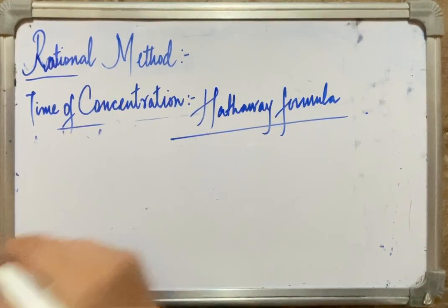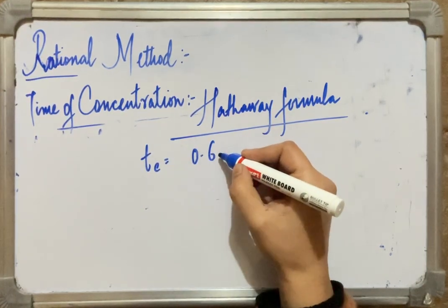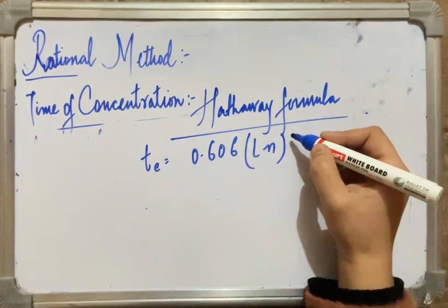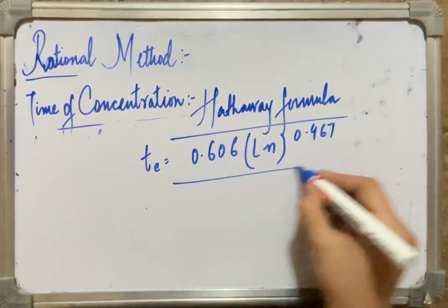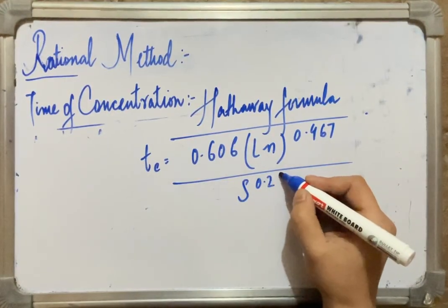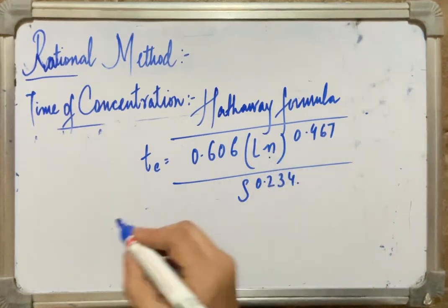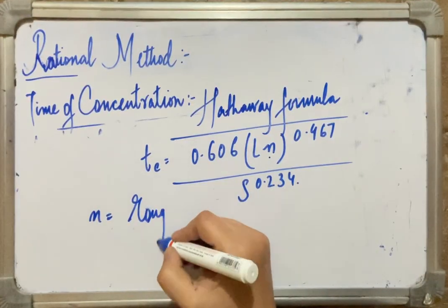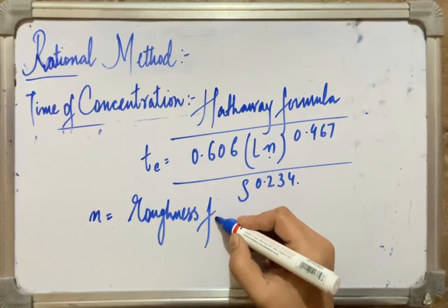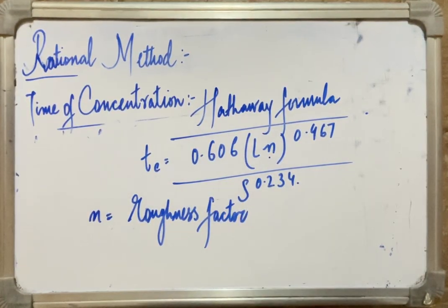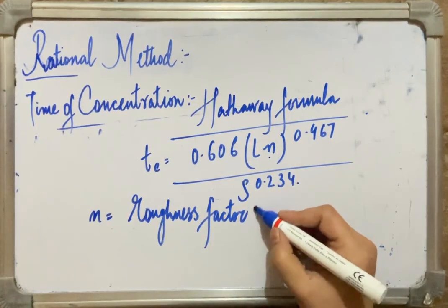The Hathaway formula is Tc = 0.606 (L n)^0.467 divided by S^0.234, in which N is the roughness factor of the catchment surface.